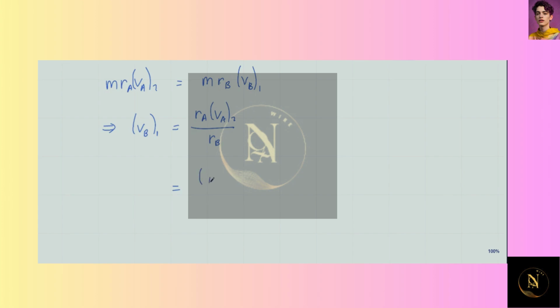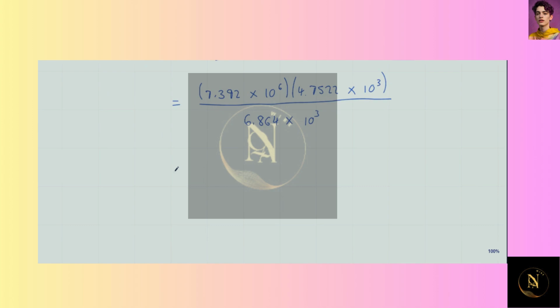So this is 7.392 times 10 to the power 6 multiplied by 4.7522 times 10 to the power 3, all over the radius of the circular orbit B, which is 6.864 times 10 to the power 6 in US units.